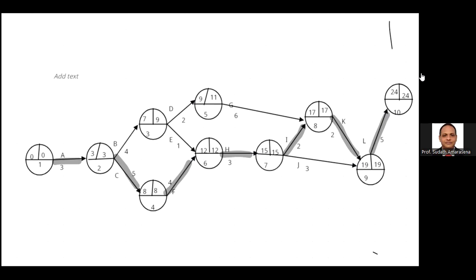The next question asks, identify entire project completion time. We identify 24 days. Then, can activity D and F be delayed without delaying the entire project? Just check whether D and F are critical or non-critical. You can see D is non-critical, so activity D can be delayed because it is non-critical.